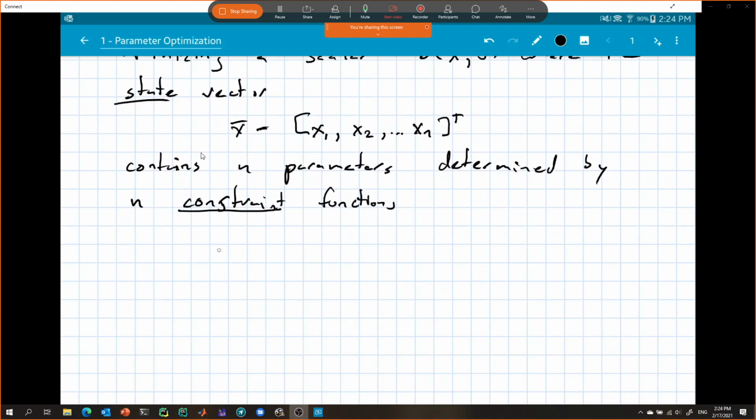So the constraint functions are of this form: f of x, u equal to, we can have many of them, so a vector, and that's all equal to 0.